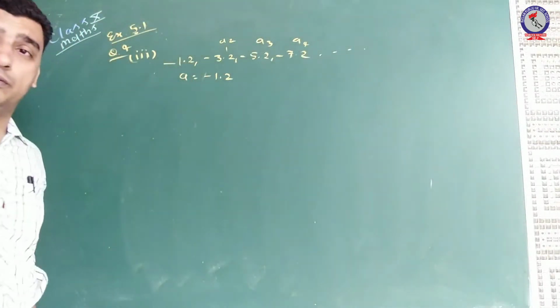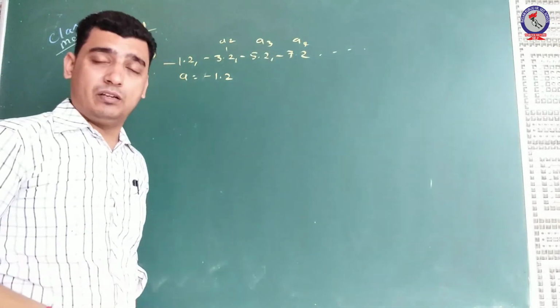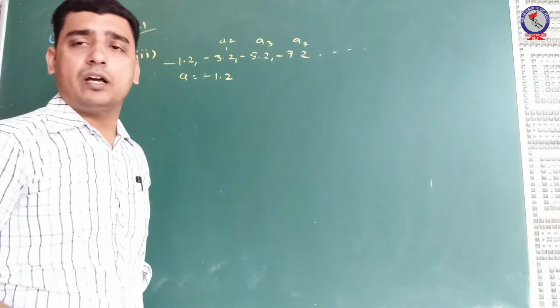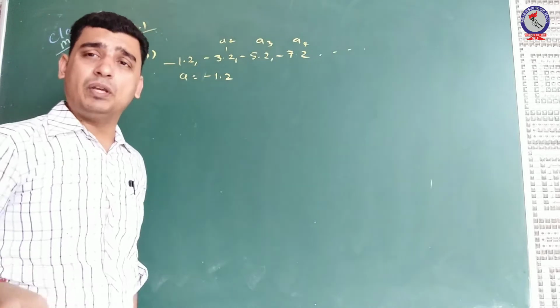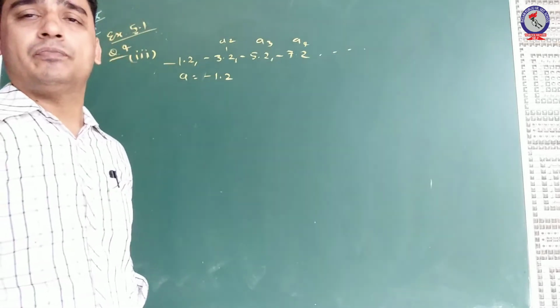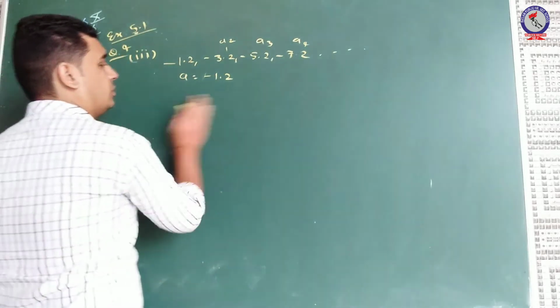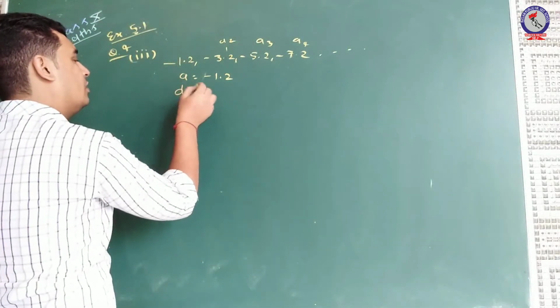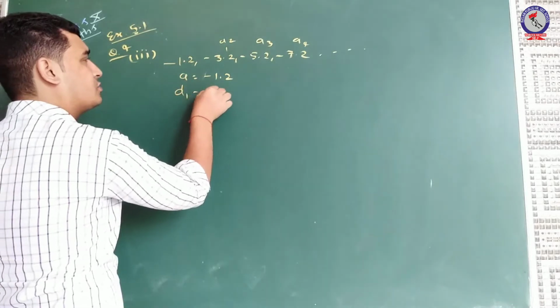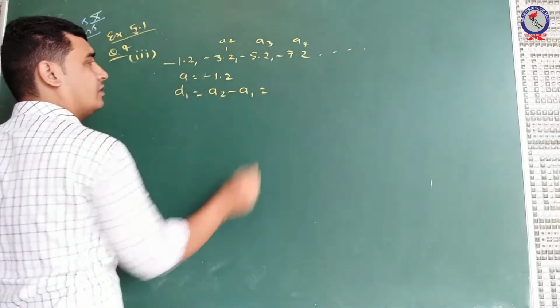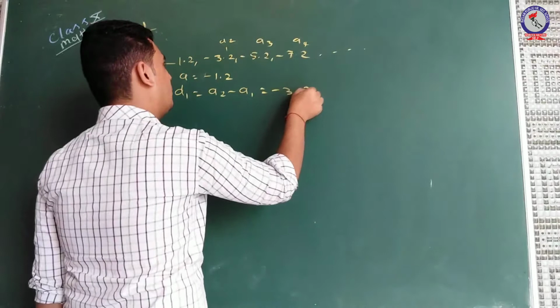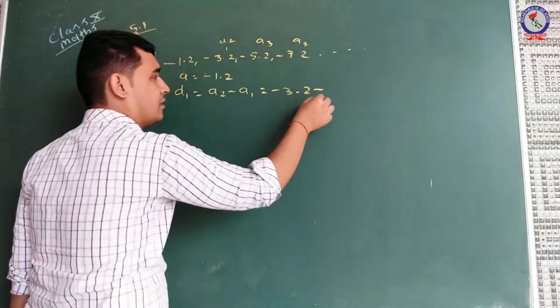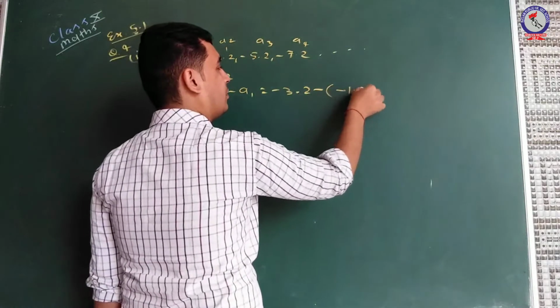So we will find first D1, because we have to check whether the given series is in AP or not. D1 is equal to A2 minus A1, minus 3/2 minus minus 1 upon 2.